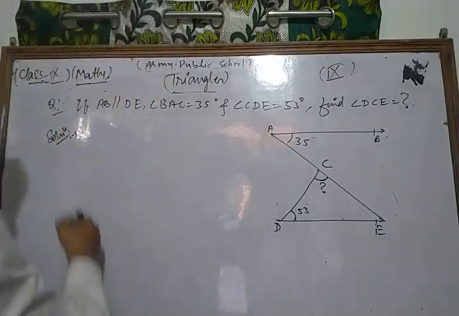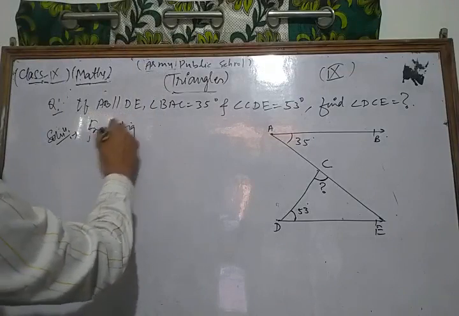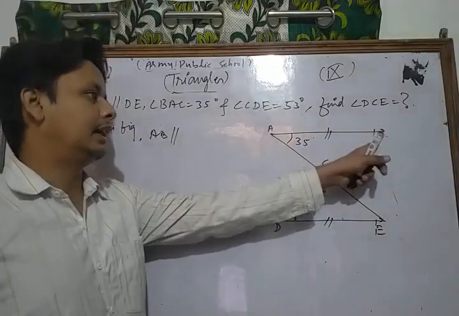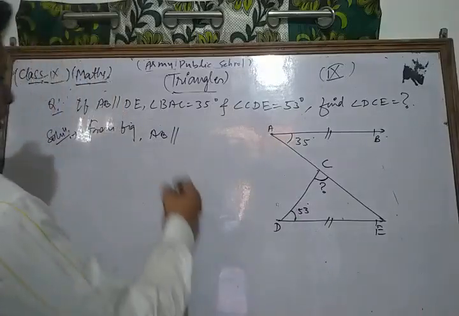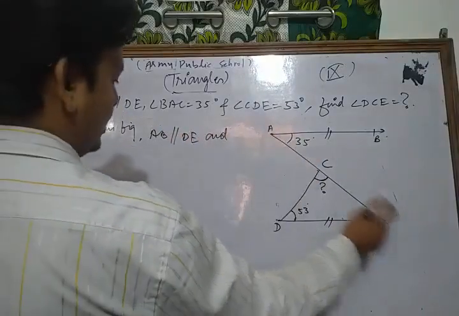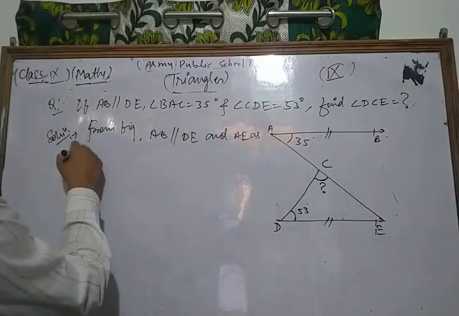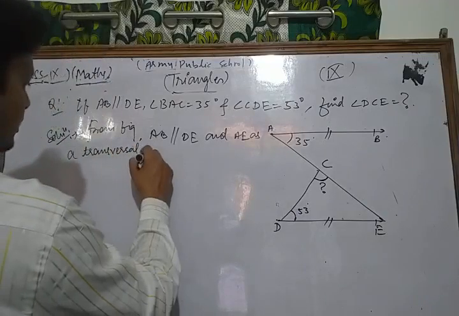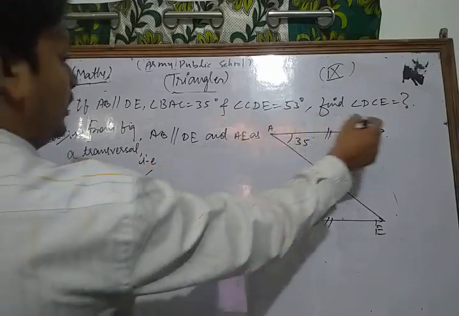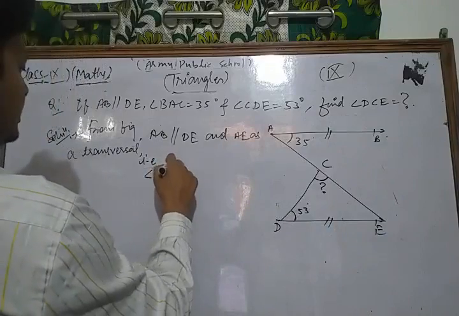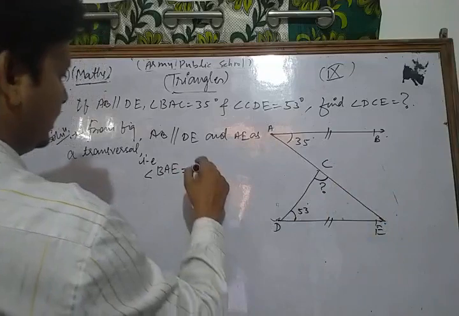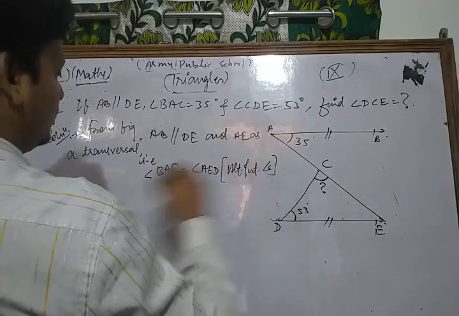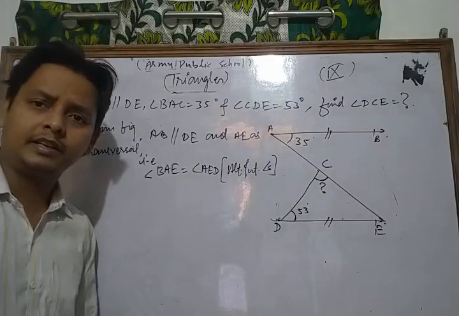Dear students, since from the figure AB is parallel to DE, and AE is a transversal, angle BAE is equal to angle AED, because these are a pair of alternate interior angles.